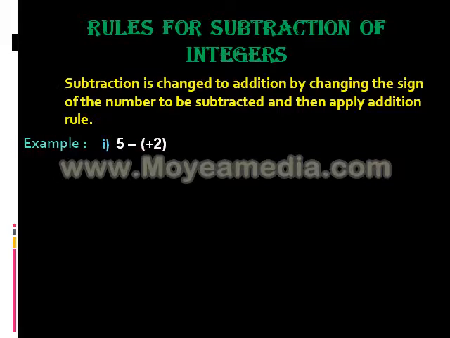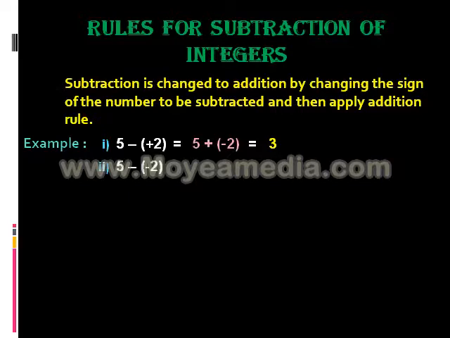For example, the first example, 5 minus plus 2: you make it 5 plus, and give the minus sign because the number to be subtracted is positive, so it becomes negative 2. And then you add. What is the rule of addition? Because one number 5 is positive and the other number 2 is negative, you take the difference of their absolute values. So 5 minus 2 is 3, and because the greater number is 5, you get plus 3.